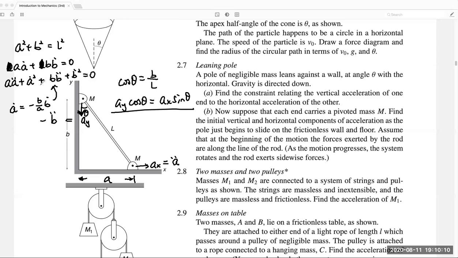I think it's quite complicated in this question, if we do it like this.